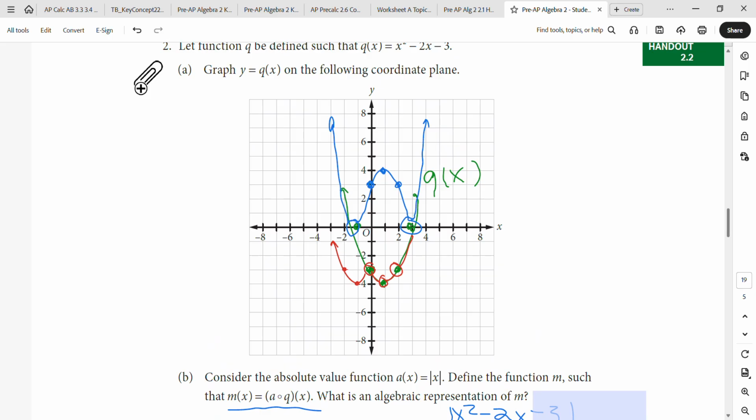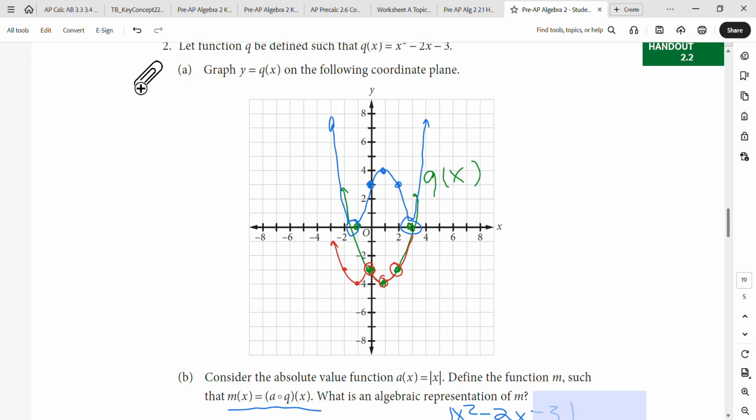What is going to be true is when each function has positive values. That's even true of the linear function. The linear function, the composition, and the original function are only equal when they both have positive values, because that's what an absolute value function does, right?